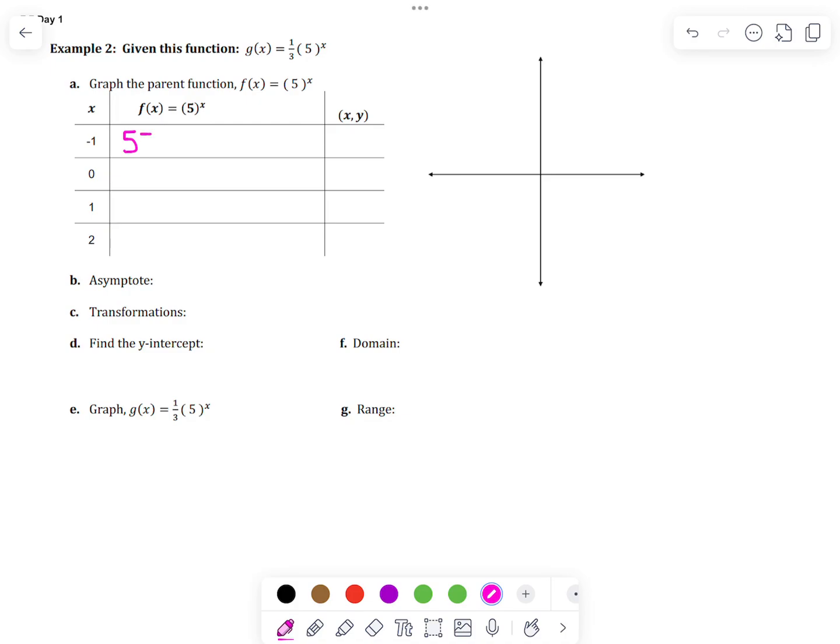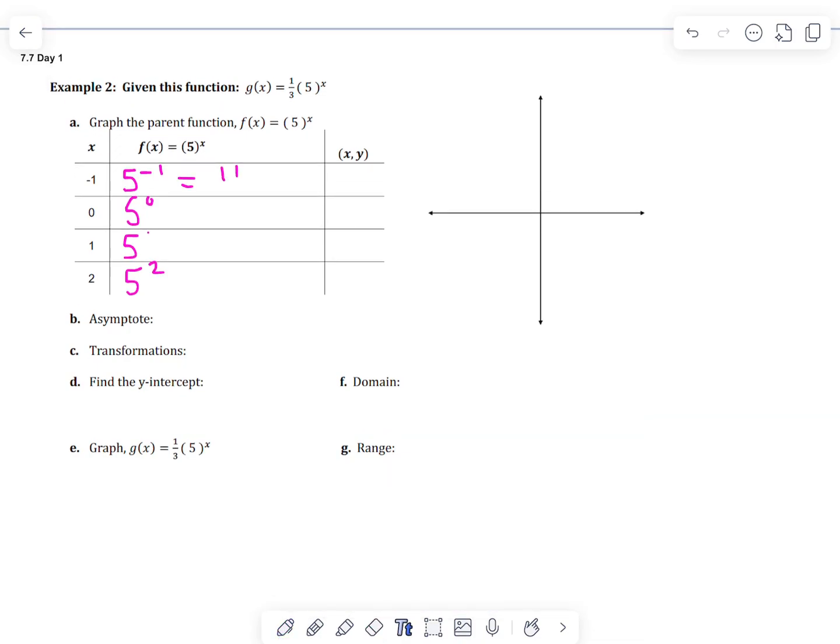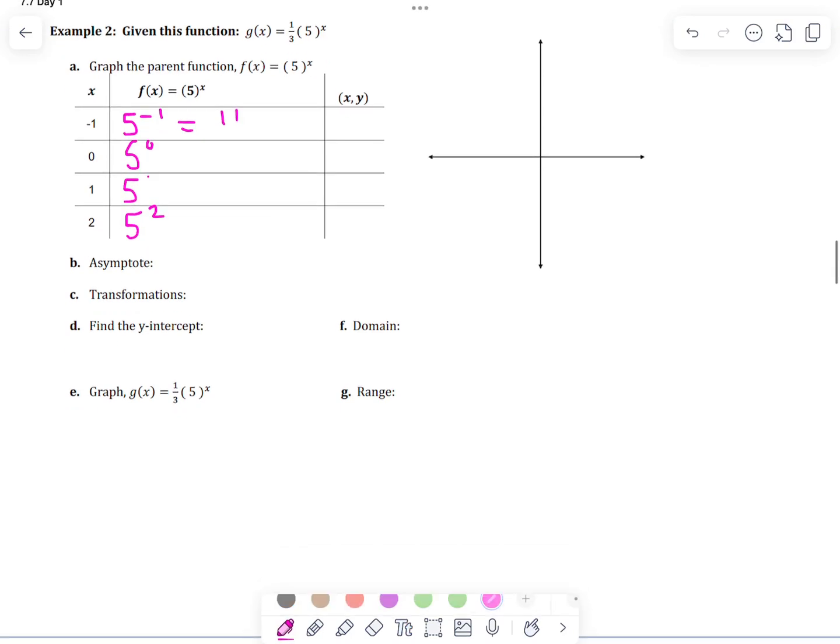So 5 to the -1 power, 5 to the 0 power, 5 to the 1 power, 5 to the second power. And then we simplify those numbers, and we get 1/5, 1, 5, and 25.